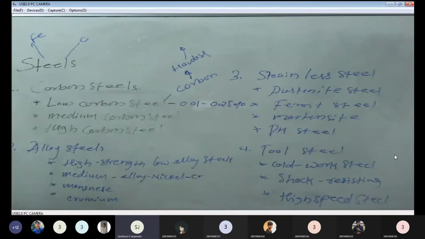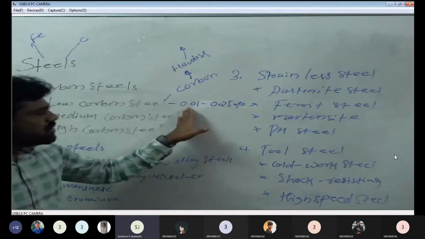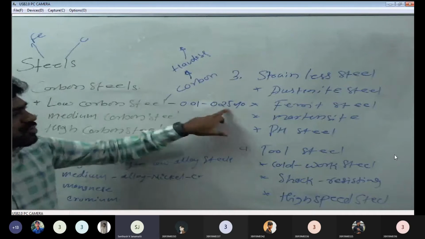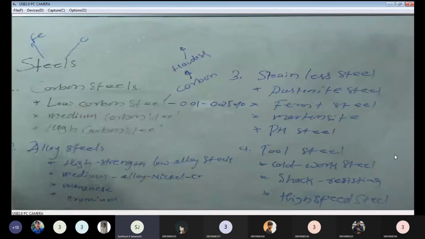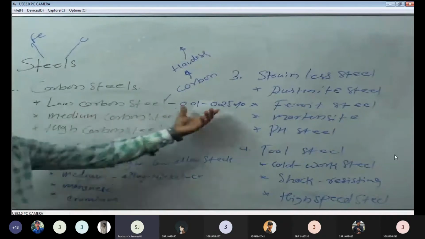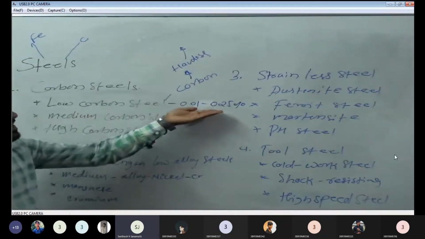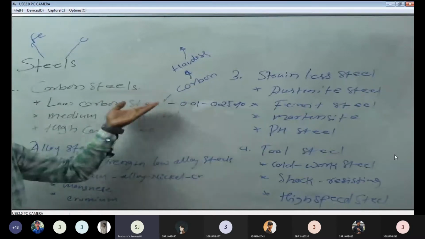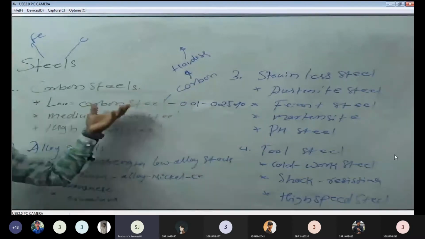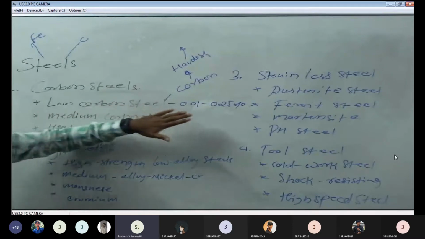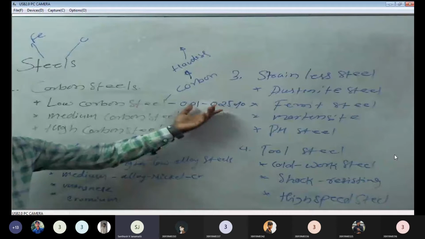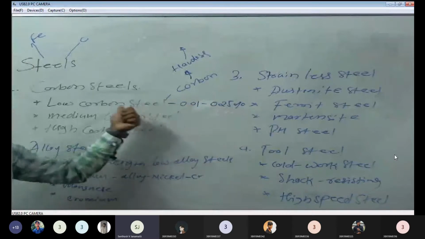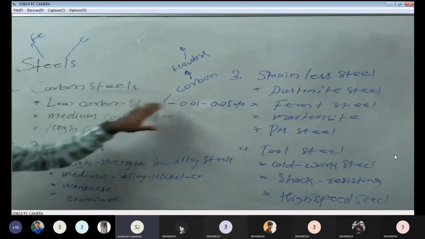Low carbon steel contains a carbon percentage of about 0.01 to 0.25 percent. Once we find this percentage of carbon in the steel, we can say it is a low carbon steel. What are the applications? What properties can we expect, sir? Suppose we allow this much carbon to mix into the iron, that becomes a low carbon steel.